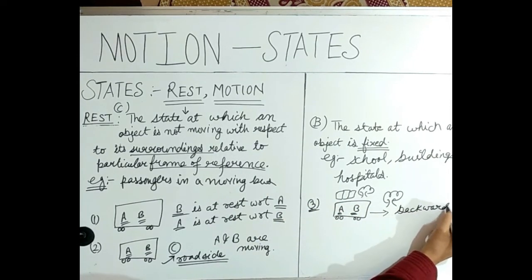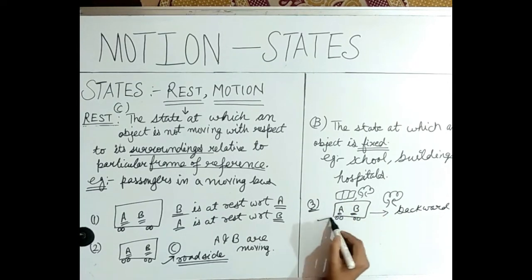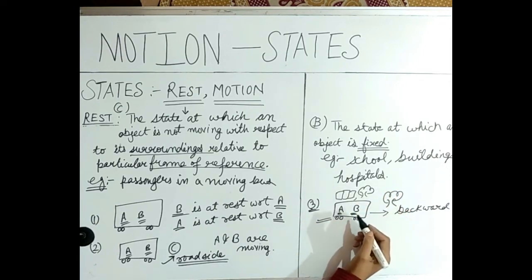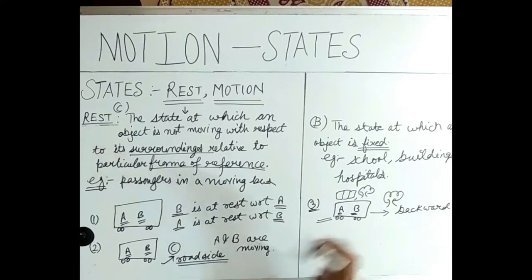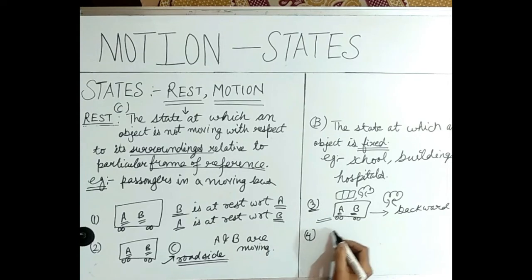But actually the trees and buildings are at rest. So here we are discussing the frame of reference. With respect to these two persons, all the objects outside the bus are moving in the backward direction. Similarly, we can see the person C who is outside the bus.